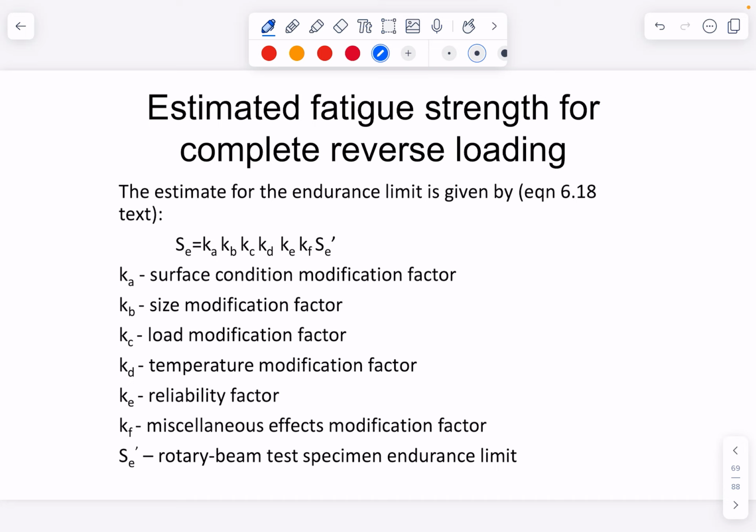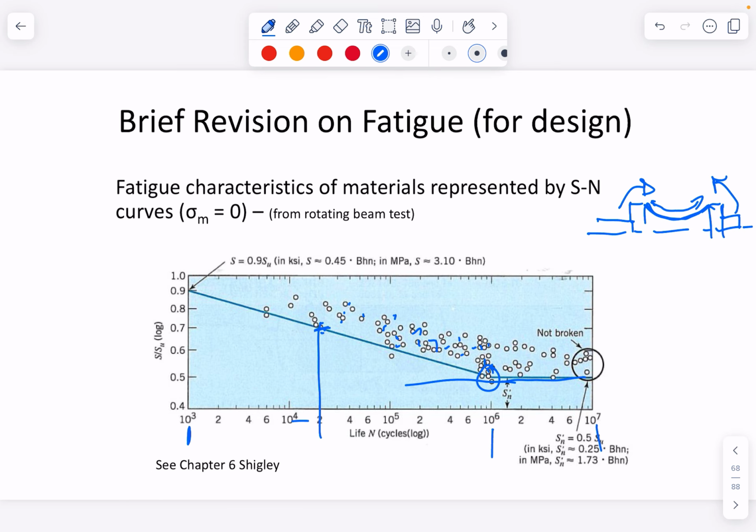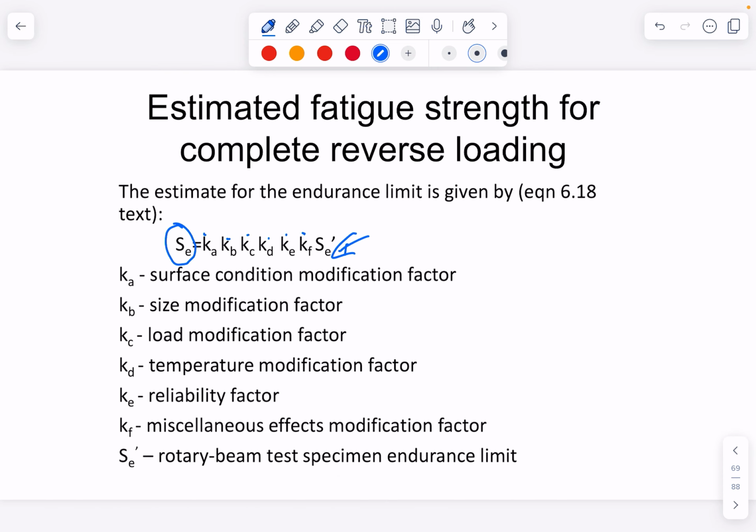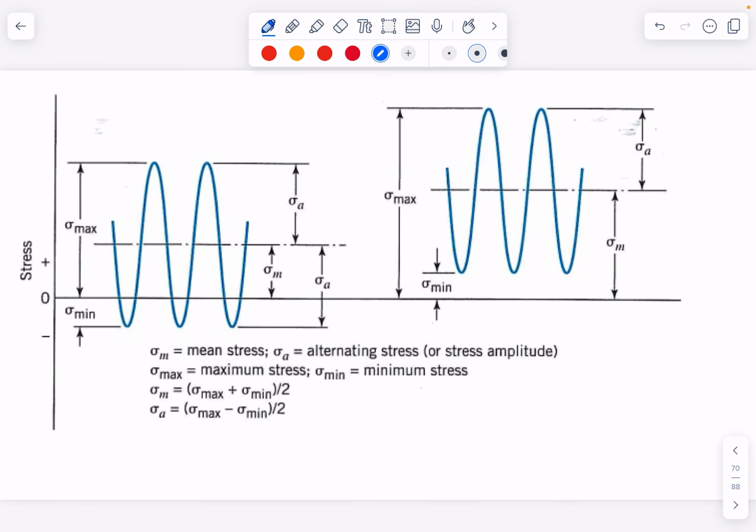If you look through the textbook, you'll find that there is an endurance limit, Se, that is a function of all these different Ks, modification factors, times what the endurance limit defined by this sort of test gives us. Surface condition, size, load, temperature, reliability, we'll talk a little bit about them as we go through.